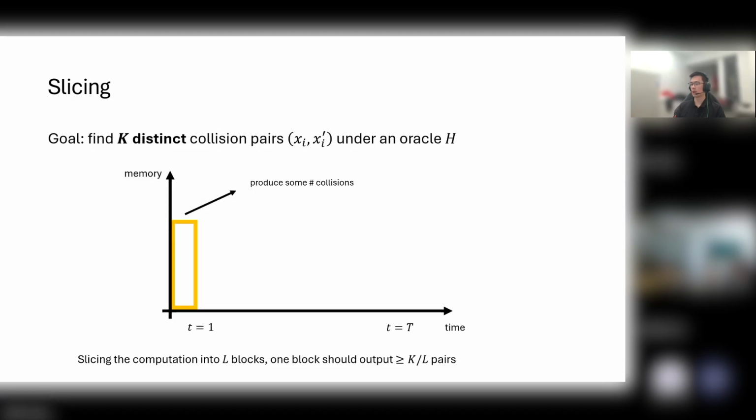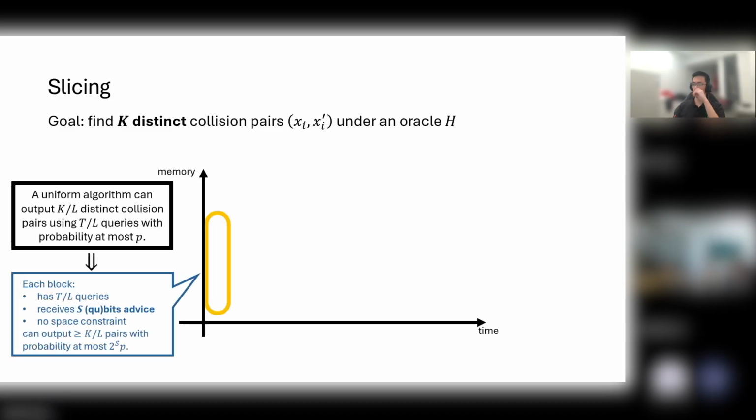And by pigeonhole principle, we know that there should be at least one block, or one slice, in which there are more than k divided by L collision pairs output. Now we want to view each block as a sub-algorithm.